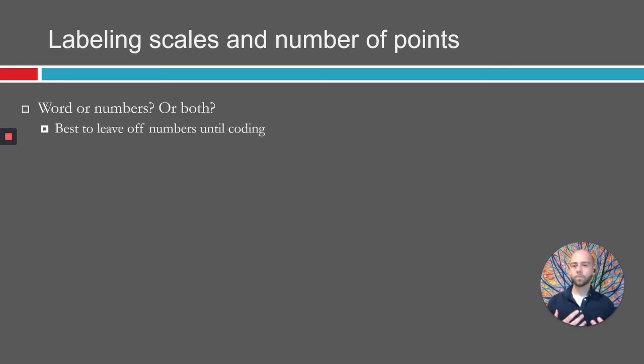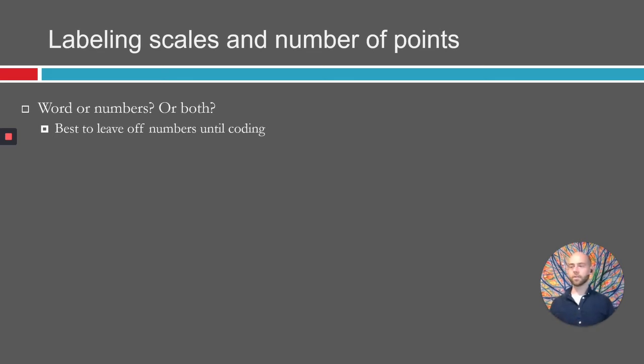So how should we make these types of scales? Well, there's a lot of research in political science about this and other areas too, but it's most common there. That research tells us that it's best to use words to describe what the scale points mean, because people interpret those numbers differently.